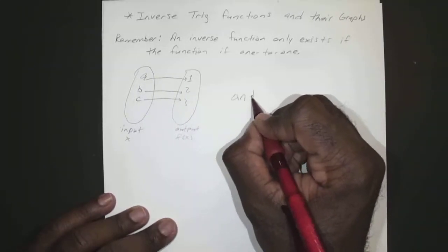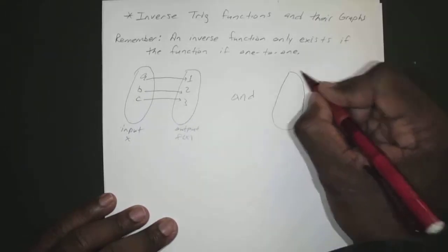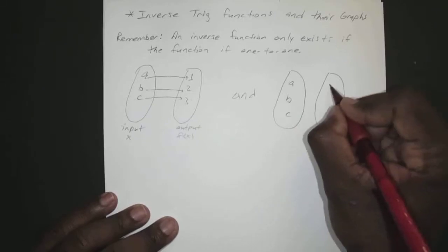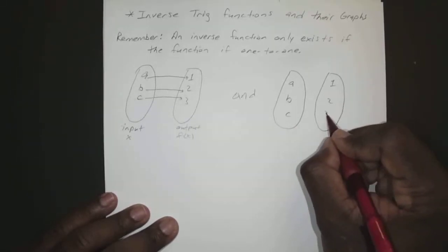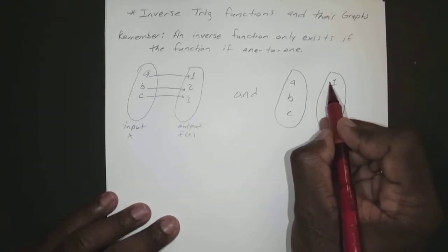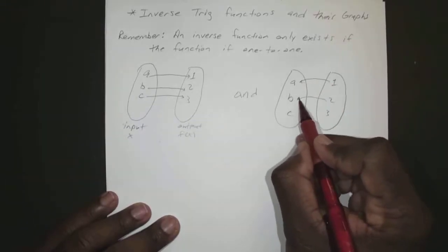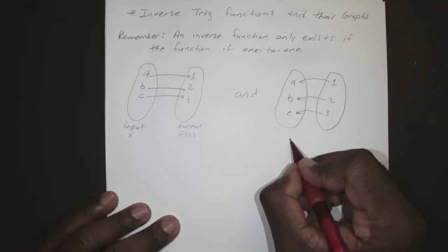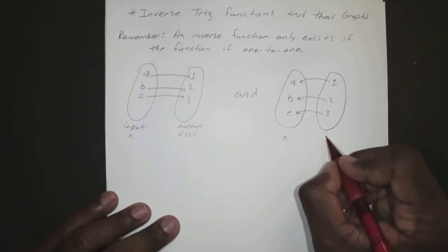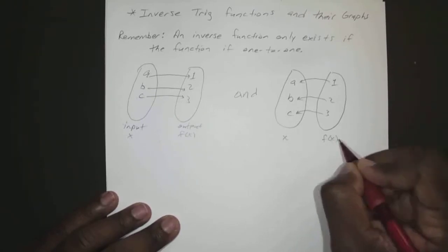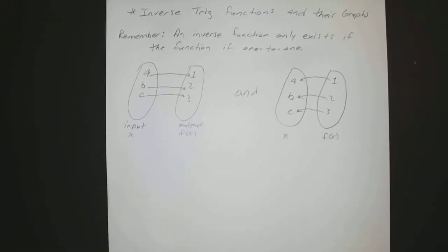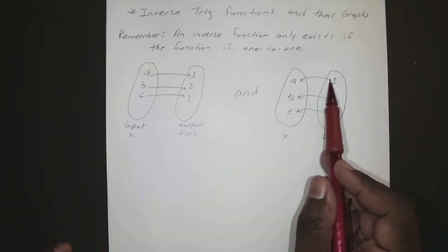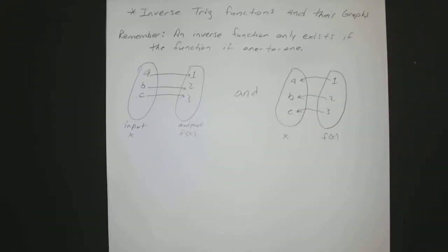And let's say if we draw it again, one, two, three. If we go back the other way, we know that this is your input, or your x, your f of x. But this time, our y is equal to f of x, but since we're going the other way, we're showing that the inverse exists because each y has one x.